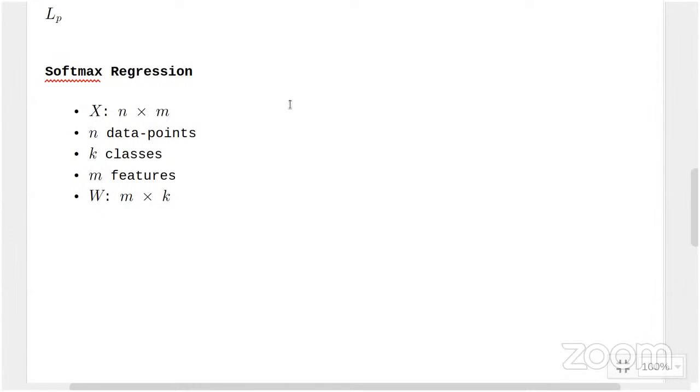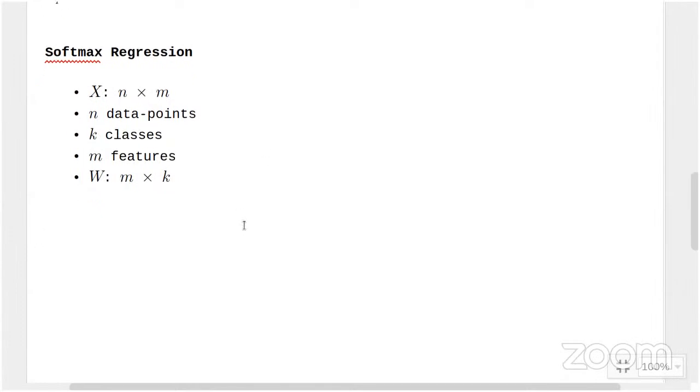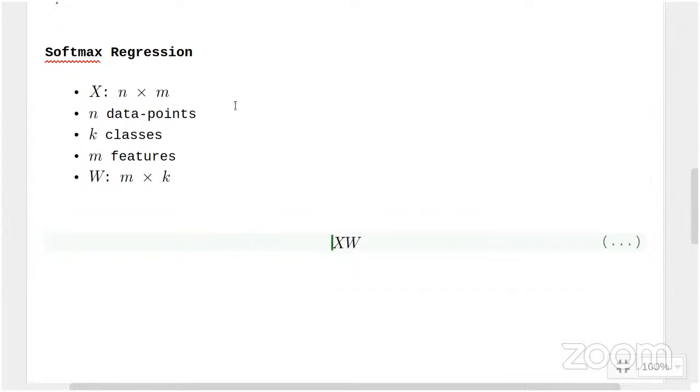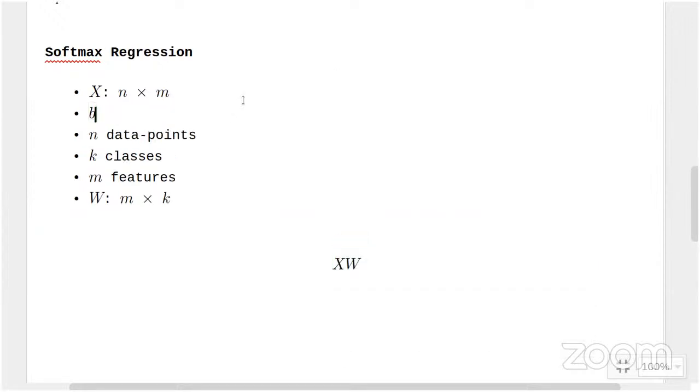Now the model is going to be what? A linear combination followed by softmax, right? What is the linear combination going to be? XW. Okay, oh right, we have the B term here, I forgot.